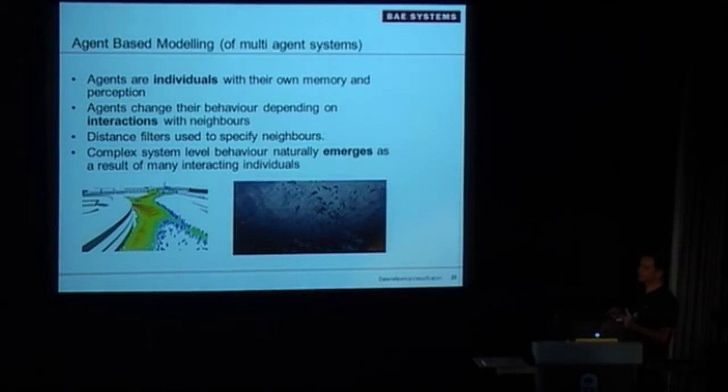Their behaviour is changed by their neighbours, and then if you're lucky, you might end up with gross system behaviours from all the agents interacting. So the sort of things you might model are pedestrian flow or flocking in animal behaviour.